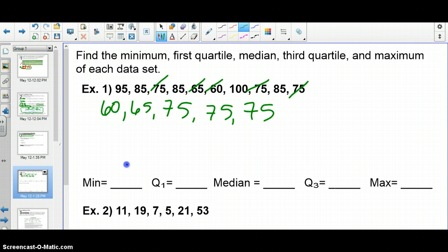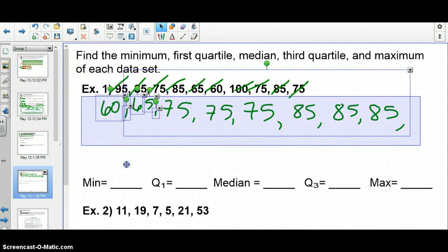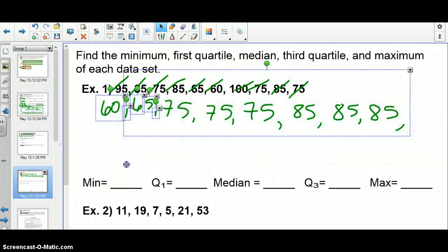And then 85, there's 3 of those. And then 95 and 100. I'm going to move these over just a little bit.